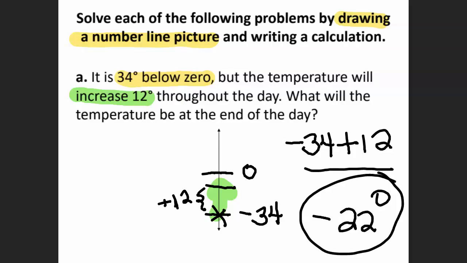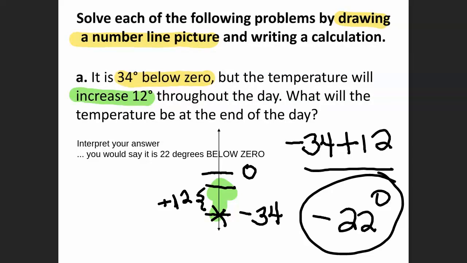Now that's my answer. Now, I need to let you know that this negative 22 can be interpreted. To interpret your answer, you would say it is 22 degrees below 0. We are interpreting our answer.